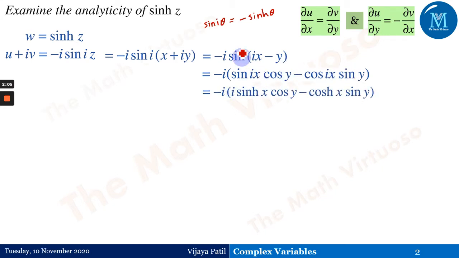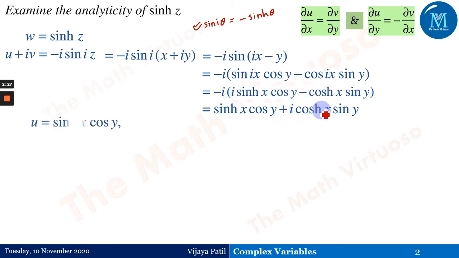After doing that, again the same relation will be used here, which is minus i times sine hyperbolic x cos y minus cos hyperbolic x sine y, which will give me sine hyperbolic x cos y as plus i, because I'm taking this minus i inside this bracket, so this will give me plus i times cos hyperbolic x sine y. This will lead to us.